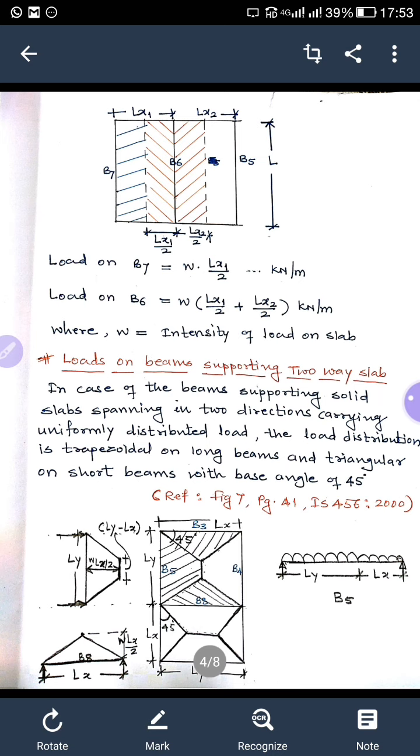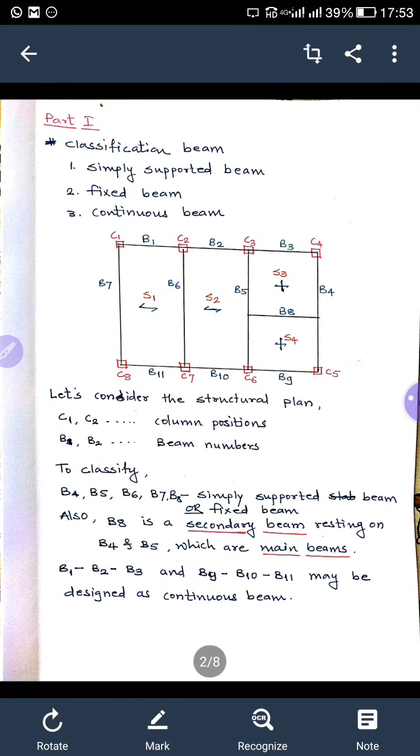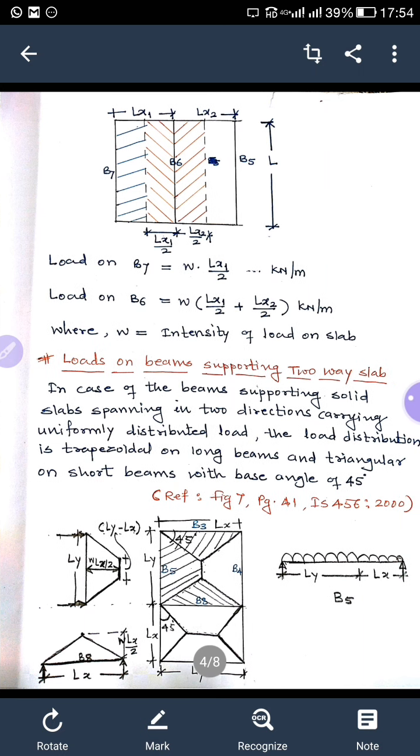In case of two-way slab, again I am going to refer to the same plan. It is S3 and S4. So we are having B5, the total beam which is supported by C3, C6, and B4, the total beam which is supported by C4 and C5. Then in between we are having B8, and B3 and B9 are the corner beams.